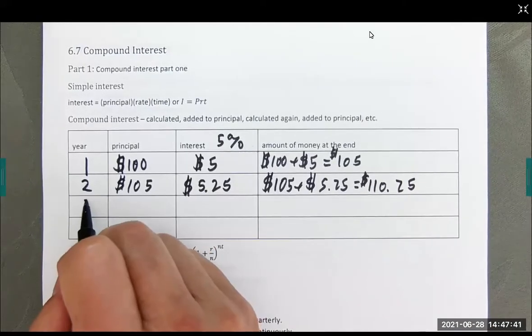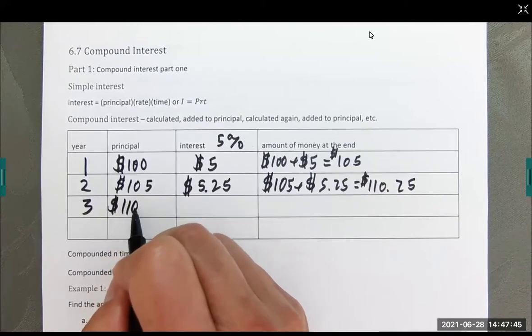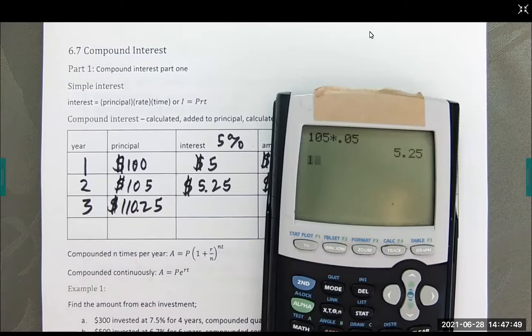So year three, you now have $110.25 in there. 110.25 times 5%. So now you're making $5.51.